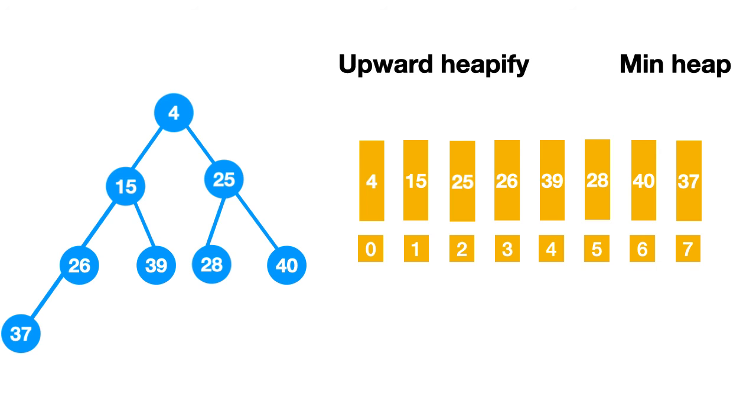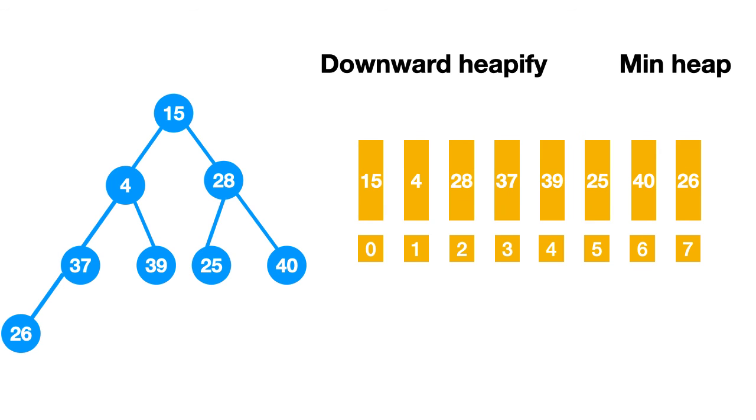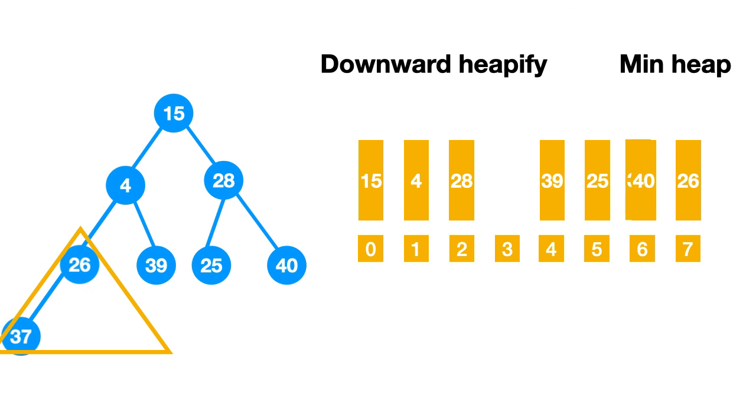This time we want to build a min heap from an unordered array using downward heapify. We will combine little heaps together with a new root. We first look at the last little tree in the array. It has only one child. We compare 26 and its parent, 37. 26 is smaller, so we exchange their positions. Then we find a root for the next little tree.